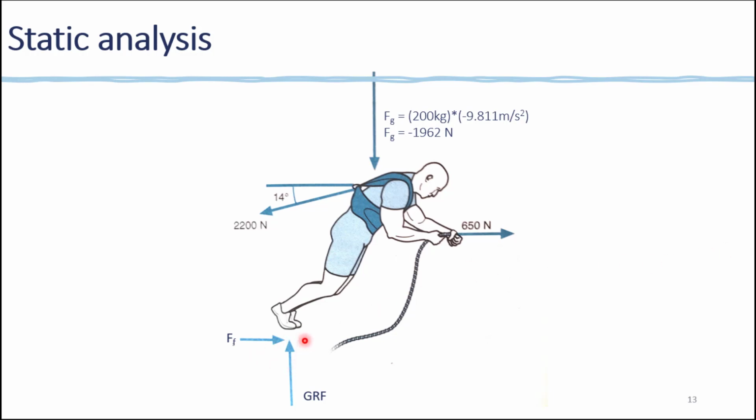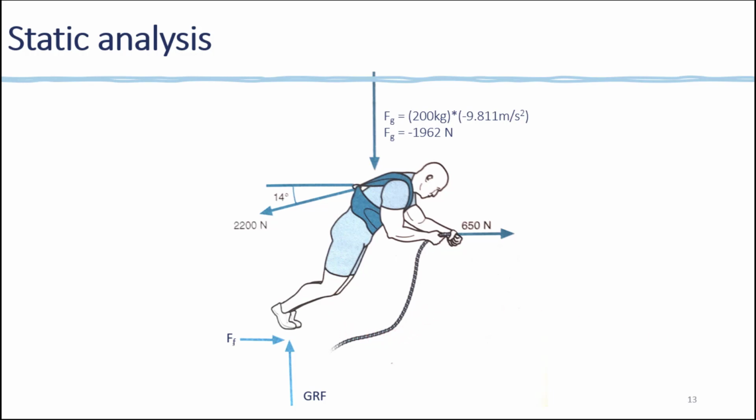We've got the ground reaction force, which should be pushing upwards and forwards on Brian. It's easier to represent this force with its horizontal and vertical components. Remember from the first lecture video, that's the force of friction and the normal contact force, which is also called the ground reaction force, or GRF for short. Okay, so we have our free body diagram.